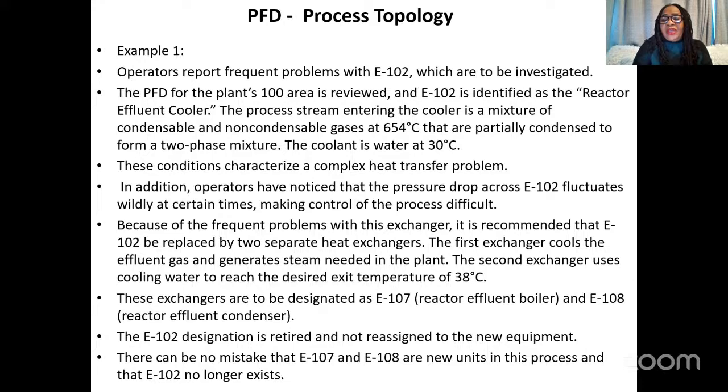E107 is the reactor effluent boiler, and E108 is the reactor effluent condenser. The E102 designation is retired, not assigned to any new equipment in that PFD. So there can be no mistake that E107 and E108 are new units in the process, and that E102 no longer exists. Okay, I believe you understand that.